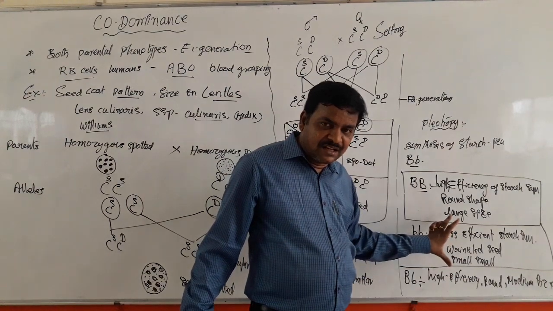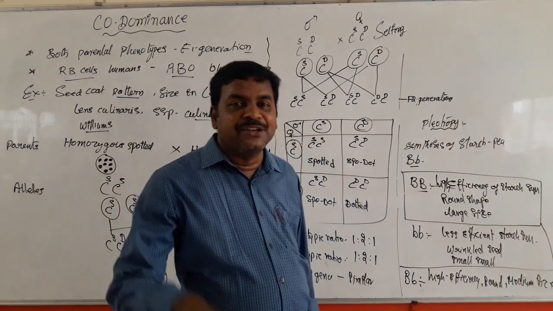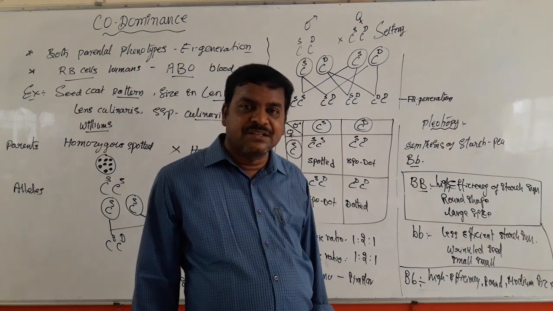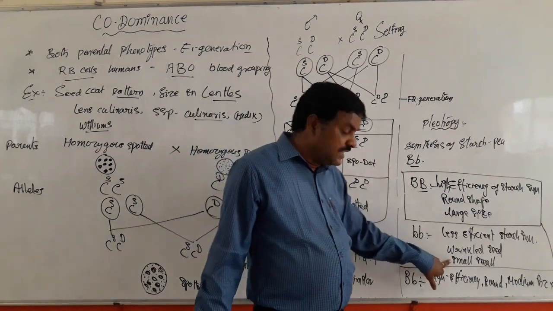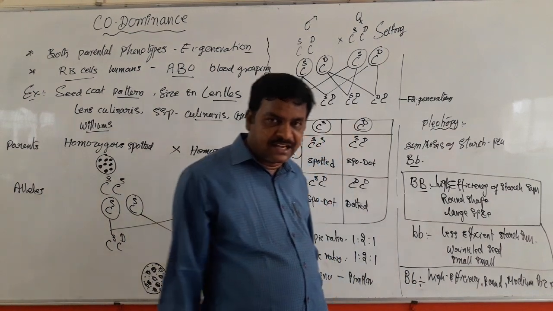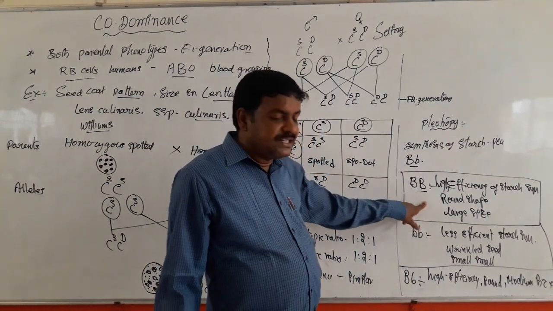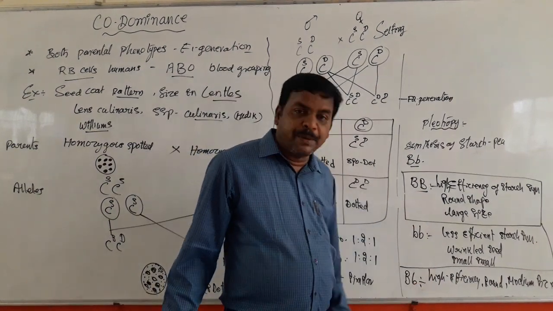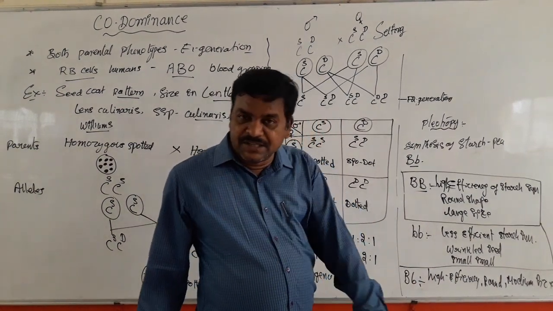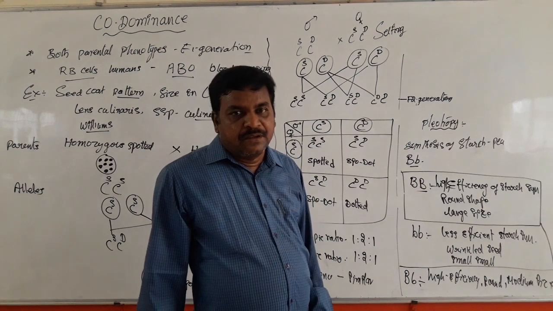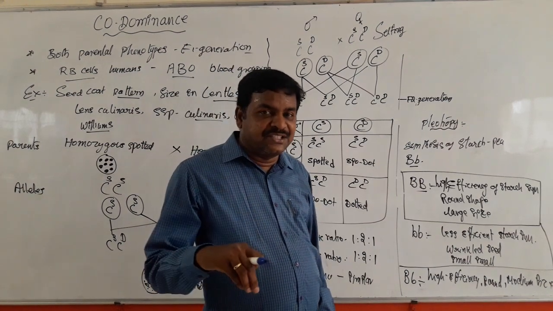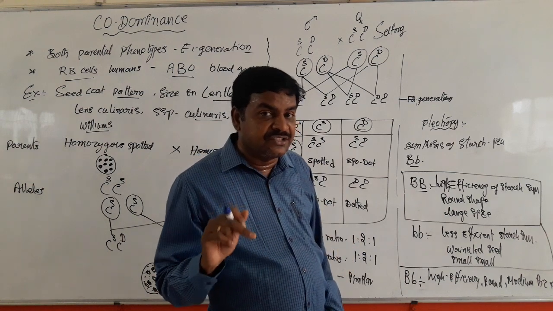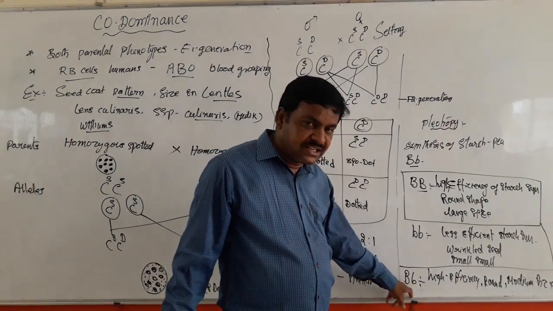This is one example of incomplete dominance. Why is this considered incomplete dominance? If the size of the seed is considered as the character, the large size and small size parental phenotypes are not expressed in the F1 generation. Here, medium size, which does not resemble either parent, is found in the F1 generation.